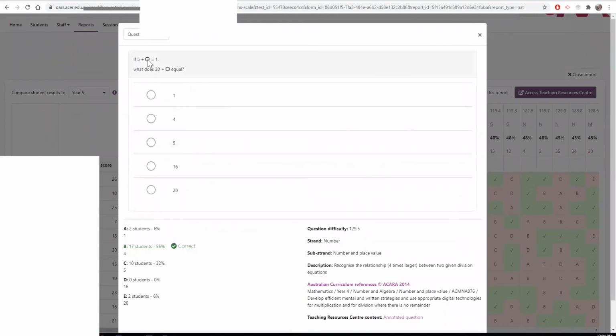So if 5 divided by something equals 1, what does 20 divided by that same number equal? Wow, if that said X, that would be year 7, 8 algebra. And over half of my students got it correct. So I'd be pretty happy with that.